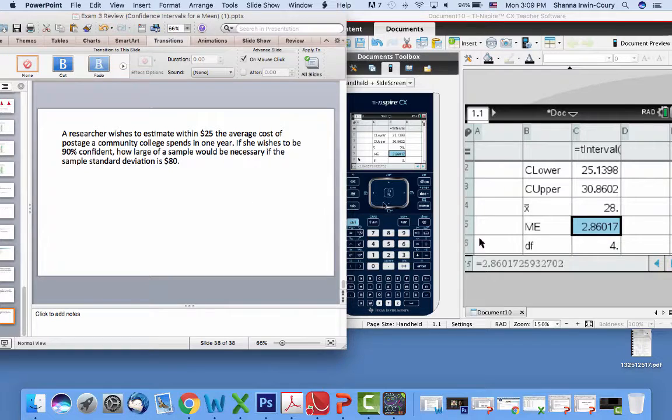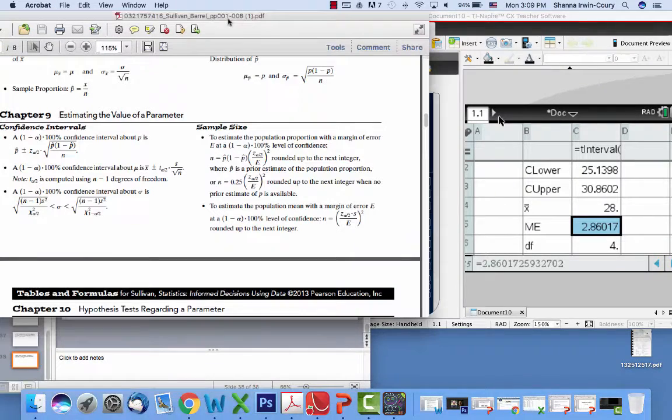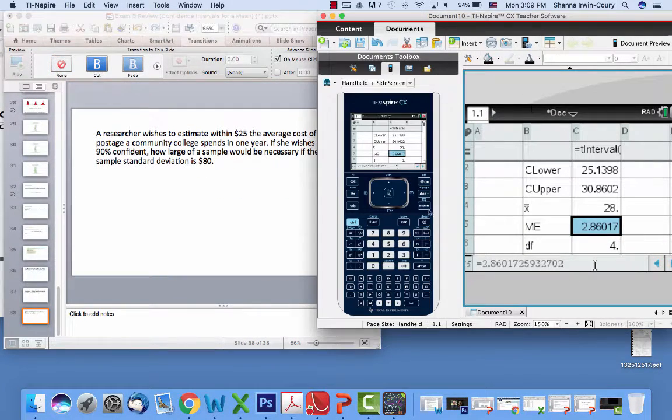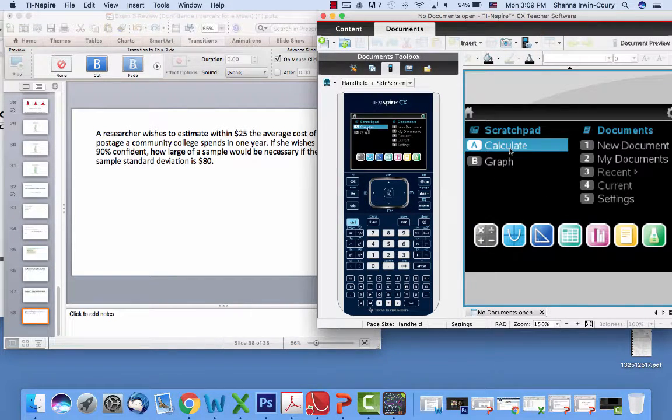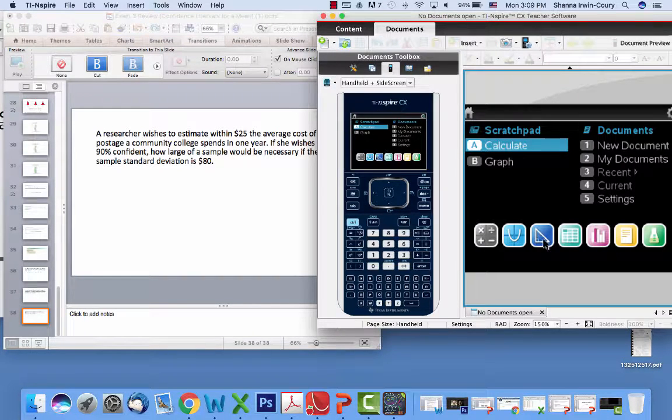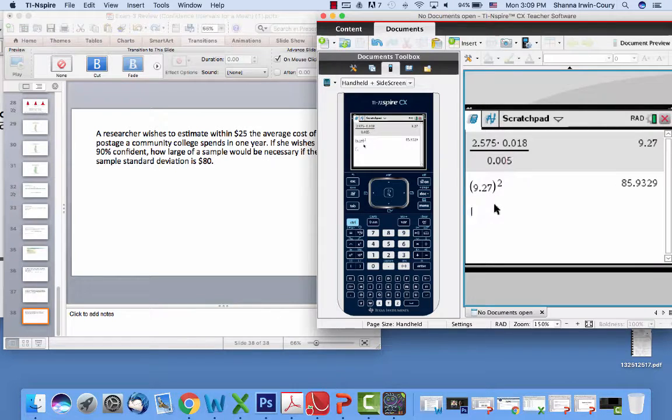Okay, so this one we want to solve for n, and if we look on our formula sheet, we have z s over e all squared. I guess I've already done this one on this calculator. Interesting. Okay, well, I don't know how to clear this then.